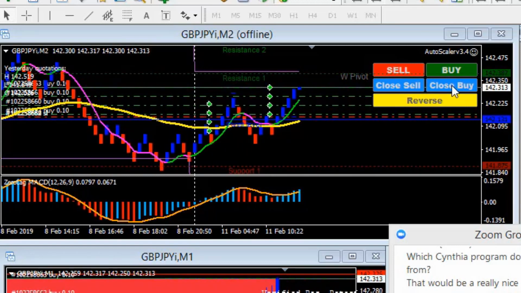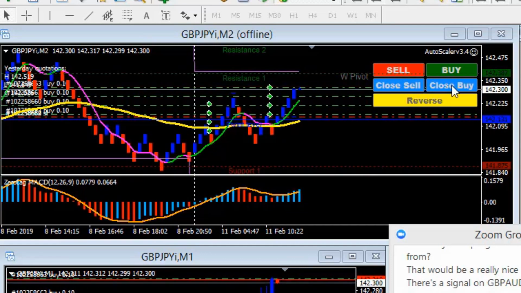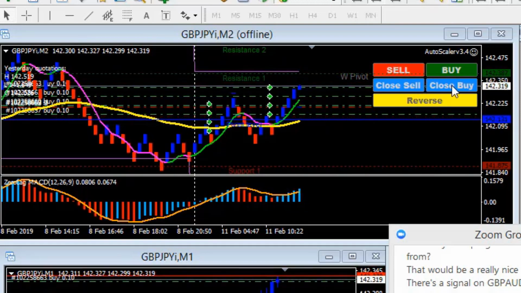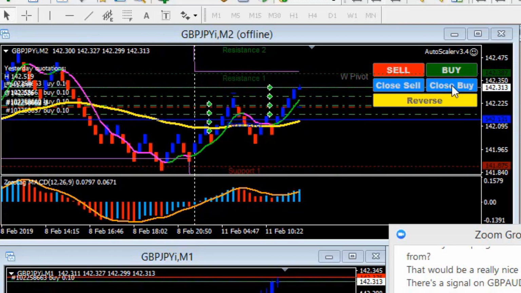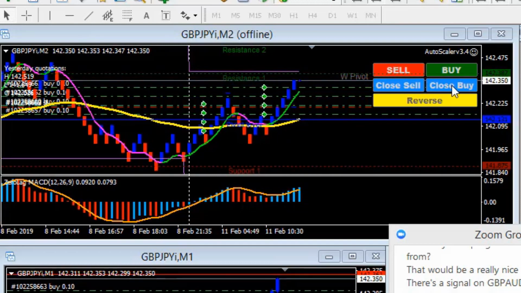Well, for better or worse, I am in all 4 trades now. This is now essentially a 20 pip trade.